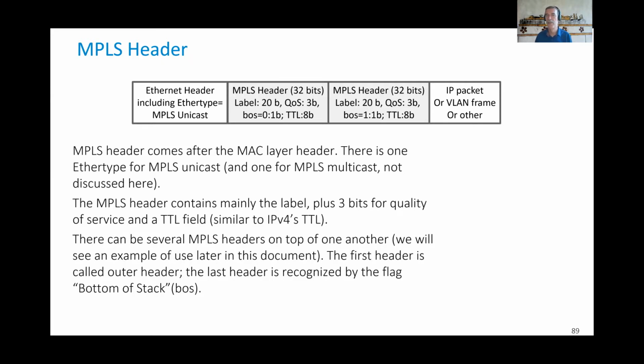Something else is typically an IP packet, but we will see it can also be an Ethernet packet. We will see an example of why this is used. There's also a TTL for the same reason as there is a TTL in IP. In principle, there should never be loops, but if by accident there is a loop between MPLS devices, the TTL will take care of killing the packet.